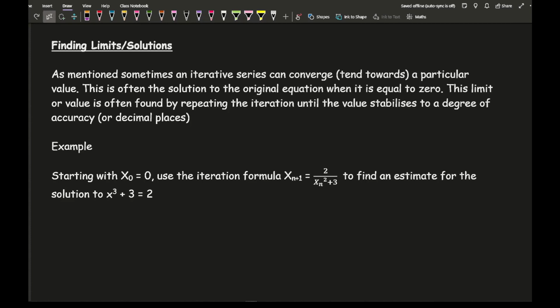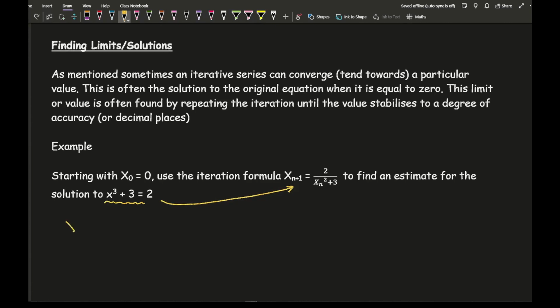So for example, starting with x0 equals 0, use the iterative formula x n plus 1 equals 2 over x n squared plus 3 to find an estimate for the solution of x cubed plus 3x equals 2. So again, they've already rearranged this equation to get this, and hopefully now we understand where that iterative formula has come from, the original equation.